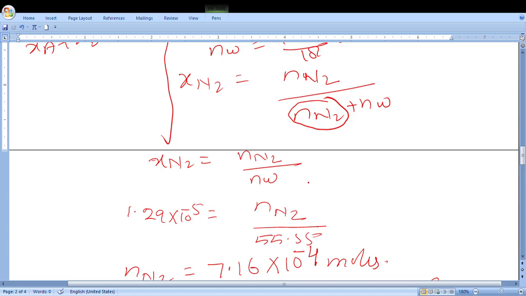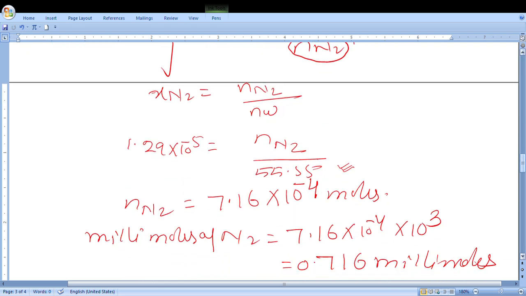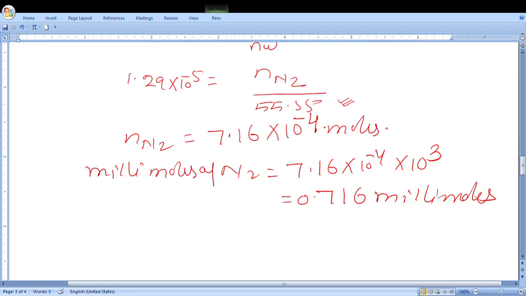The reason is that the density of water is 1 gram per ml, that is 1 ml of water is equal to 1 gram. Therefore, the number of moles of water is 55.55, which gets multiplied with the mole fraction of nitrogen to give the value 7.16 into 10 to the power minus 4 moles, which is multiplied by 10 to the power 3, 1000, to get the number of millimoles.